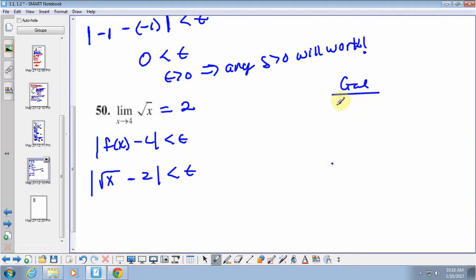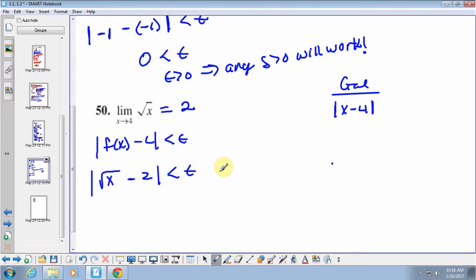What's our goal? What do we need to see? x minus 4. How am I going to make this look like x minus 4? Any suggestions? Squaring would give us a plus 4, and it'll give us an inner and outer term.